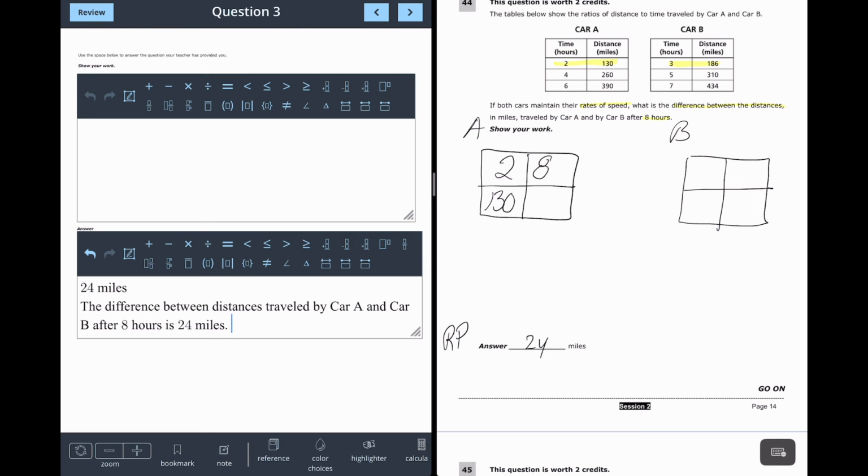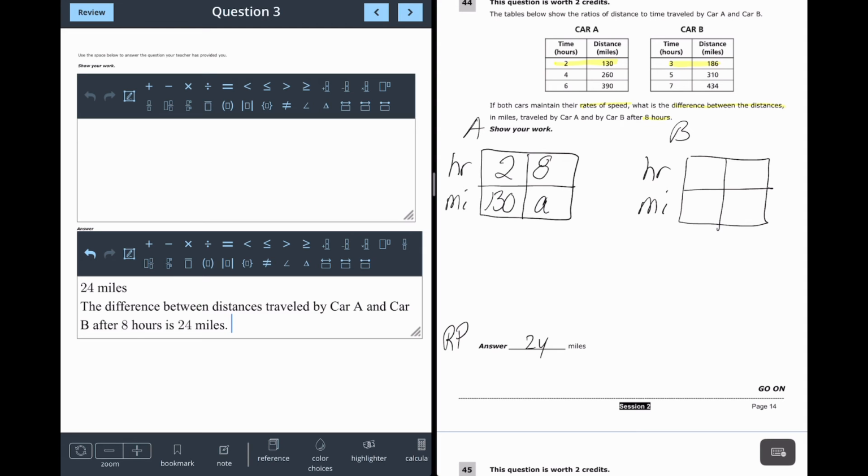So let's make sure this is super clear. Hours, miles. Hours, miles. If you did miles over hours, that's fine, as long as the 2 and the 8 are in the hours. And I'm going to figure out what this number is.